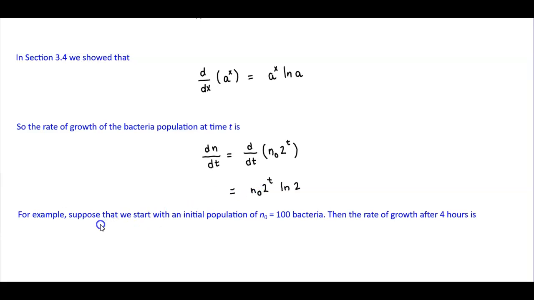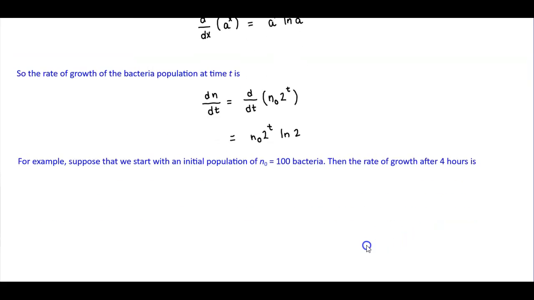So, for example, suppose that we start with an initial population of 100 bacteria. Then the rate of growth after 4 hours is going to be the following. Well, that means that we know what our values are.